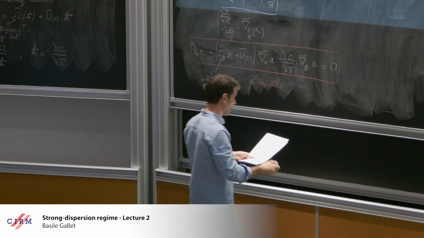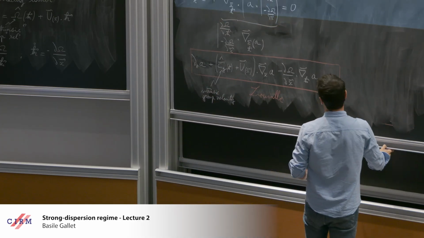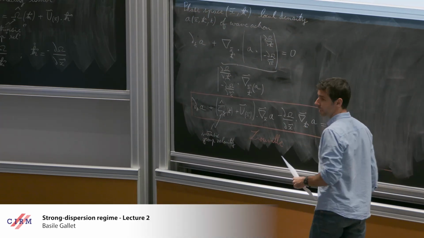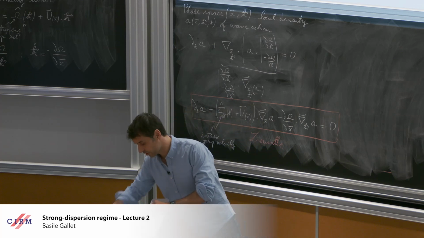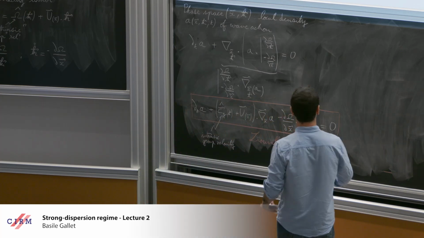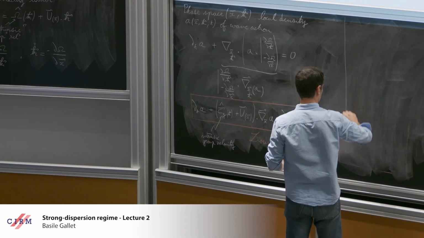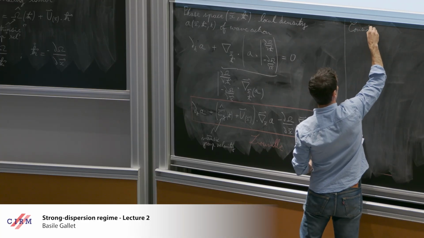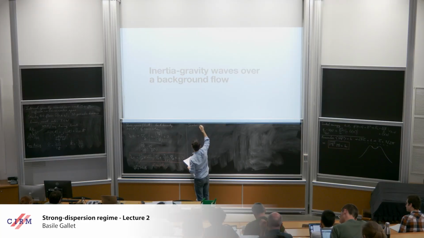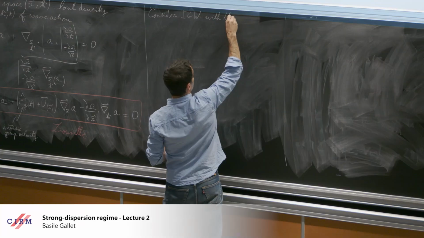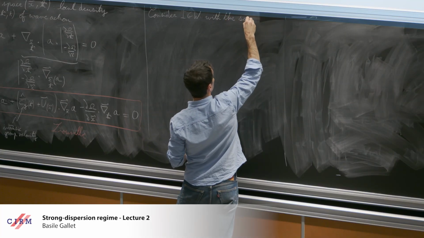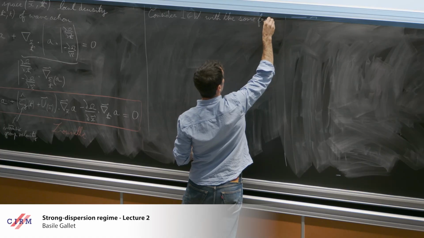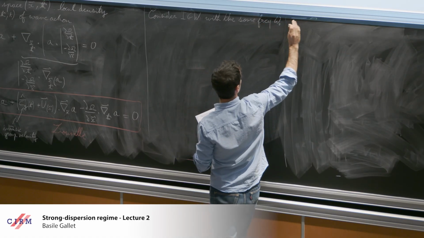All right. And so now we're going to consider an ensemble of waves with the same frequency omega 0. We're going to consider internal gravity waves with the same frequency omega 0.